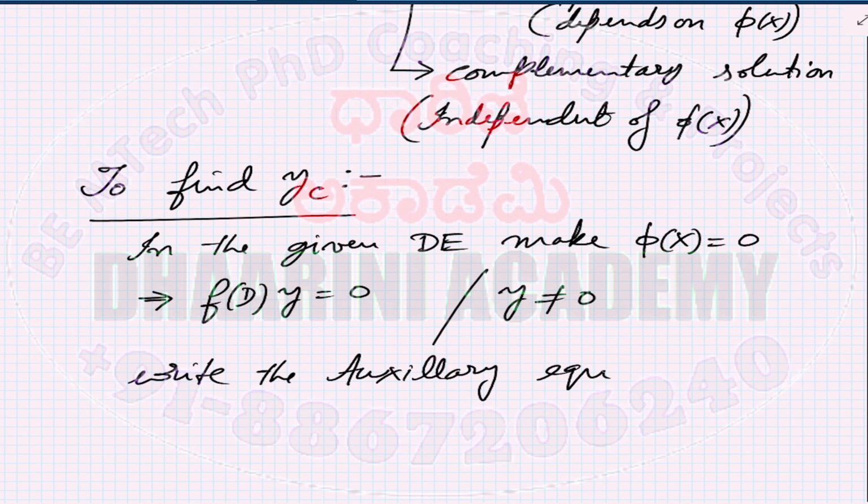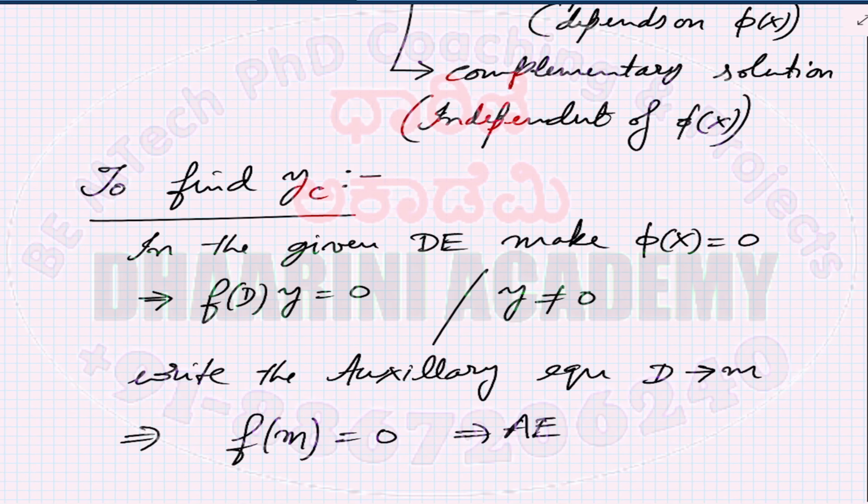What is the auxiliary equation? If you remember, replace D by m. I have to make sure that y is not equal to 0, so f of D should be 0. But I cannot write f of D equal to 0 because D is an operator. There is no meaning in writing an operator's equation. So this implies I'll write the auxiliary equation f of m equal to 0, the AE.